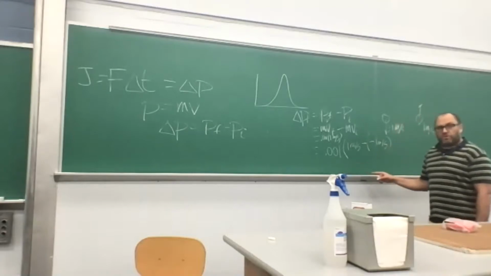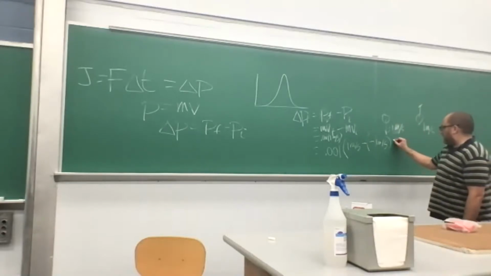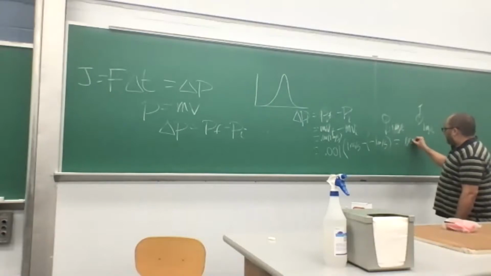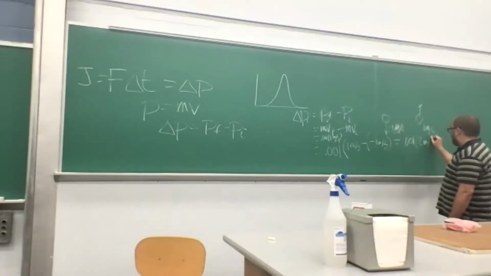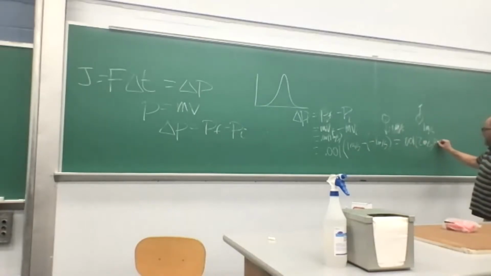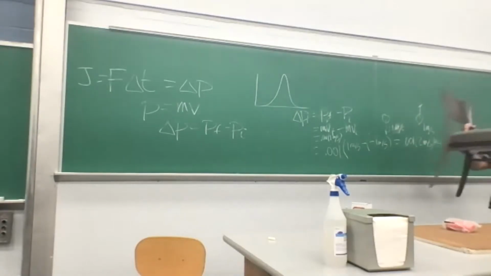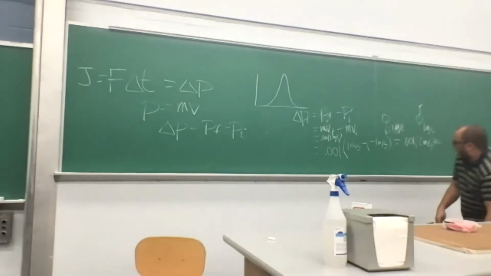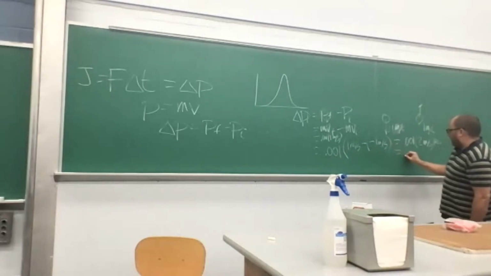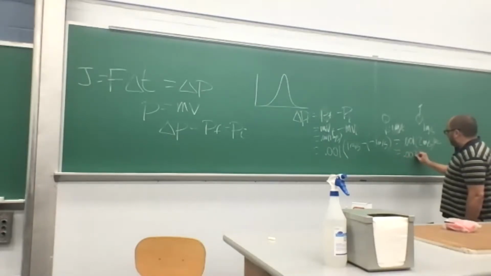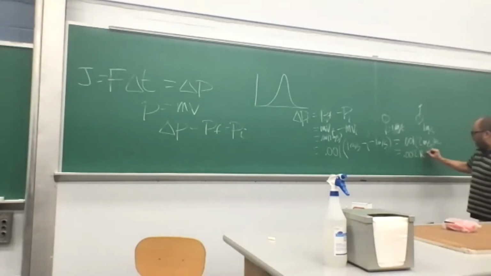So then my total change in momentum will be 0.001 times 2 meters per second. Oh, and then I've got a kilogram from that because my bouncy ball is 1 gram or 0.001 kilograms. Then my change in momentum will be 0.002 kilograms meters per second.